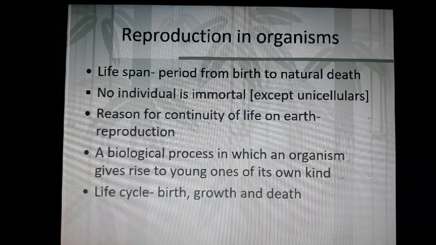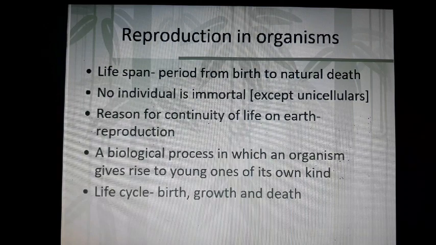The main reason for continuity of life on the earth is obviously reproduction. Reproduction is defined as a biological process in which an organism gives rise to young one of its own kind. We call it like begets like, means the newly formed young ones, they resemble those organisms which have taken part in reproduction.